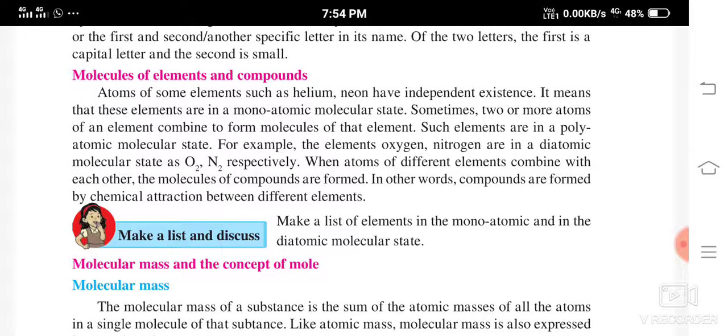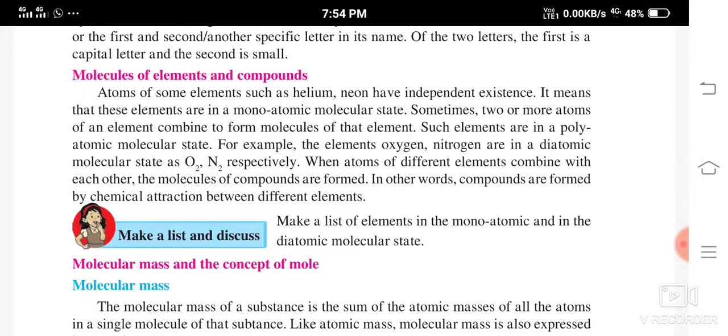Such elements are in a polyatomic molecular state. For example, the elements oxygen and nitrogen are in a diatomic molecular state as O2, N2 respectively. When atoms of different elements combine with each other, the molecules of compounds are formed. In other words, compounds are formed by chemical attraction between different elements.